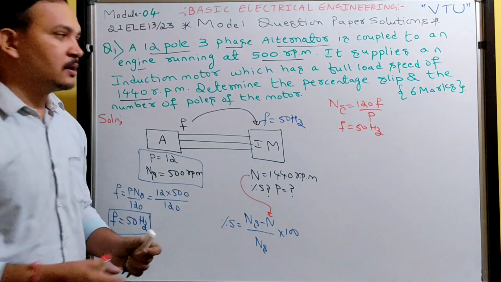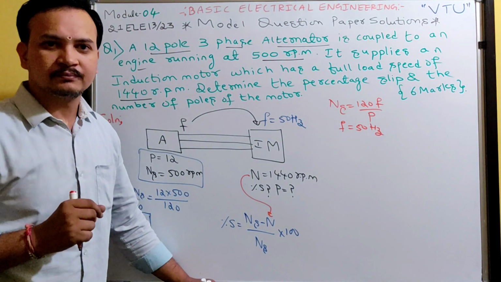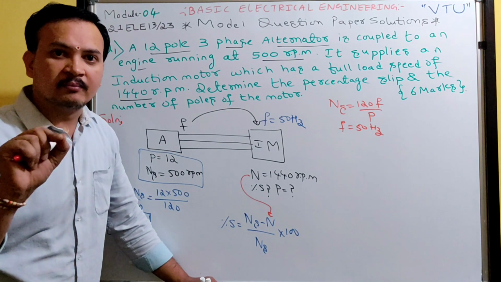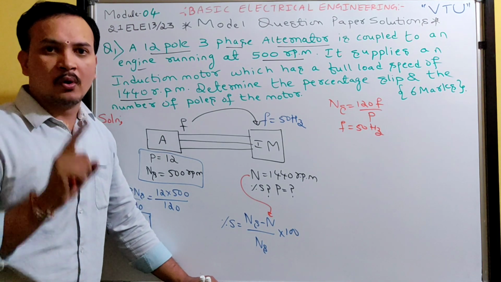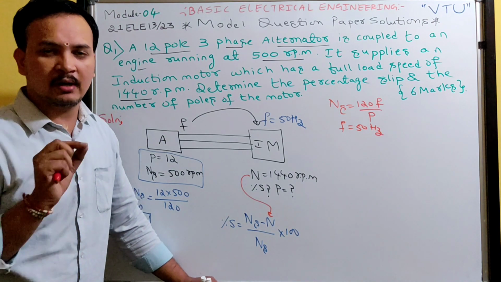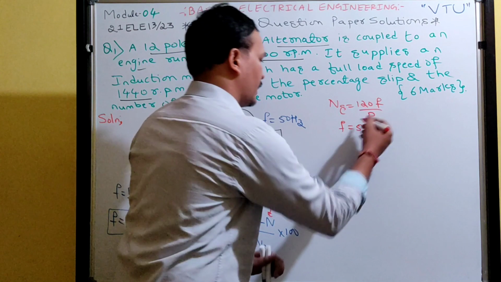You can proceed by assuming some number of poles, and always assume the number of poles as an even number. There cannot be one pole. There should always be pole pairs: for every north pole there should be one south pole. So now look here.